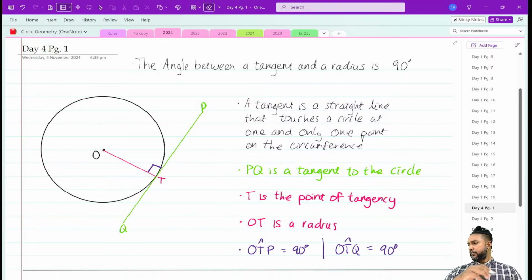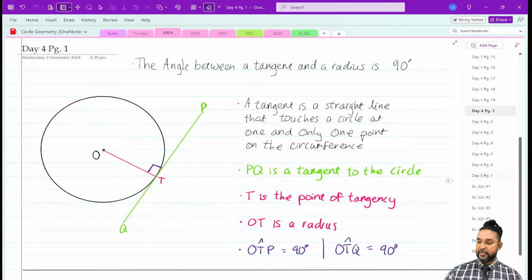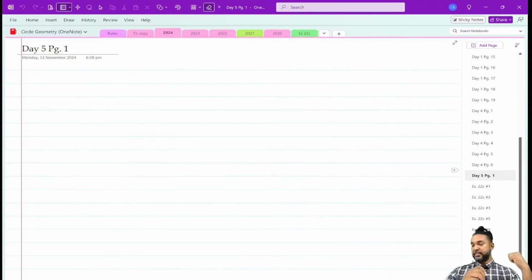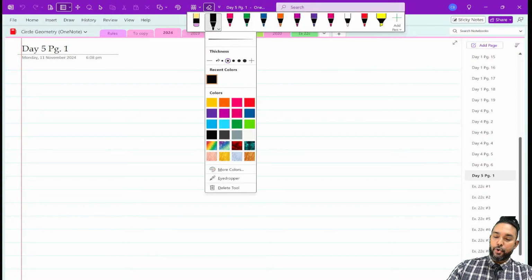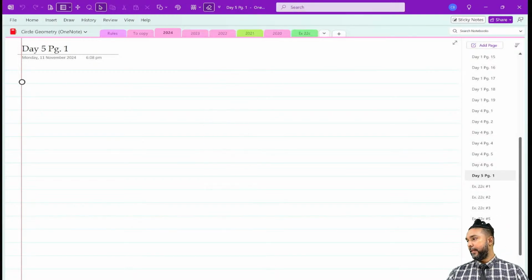All right? So we are going to actually expand on that rule today by looking at where we have two tangents to a circle, and more specifically, two tangents that originate from the same point, all right?